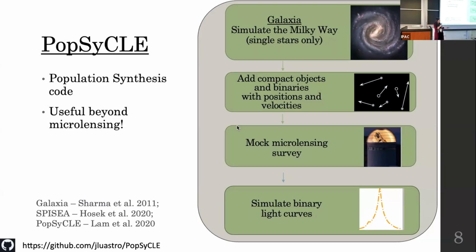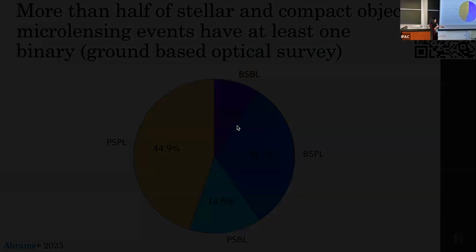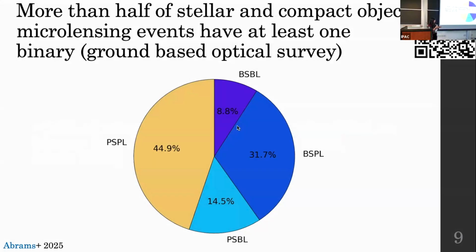But we'll go on, of course, and do a mock microlensing survey and simulate light curves to look at the detectability. So we started out looking at ground-based optical surveys, something like OGLE. In our simulations, we saw that over half of the microlensing events had some binary, either binary lens, binary source, or both.